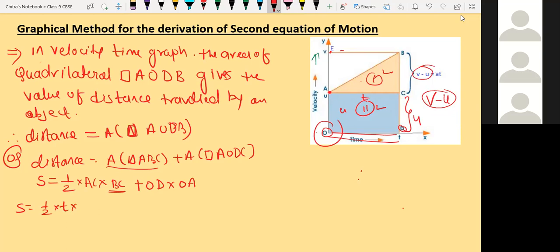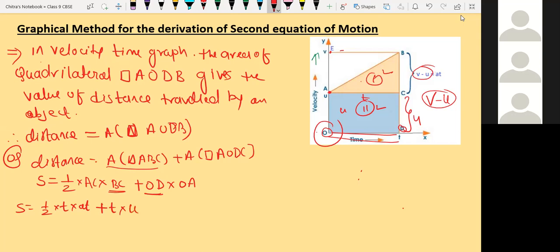Instead of BC, we can write 80. Then we have the positive sign. What is OD? T, again. And what is OA? U, the initial velocity.